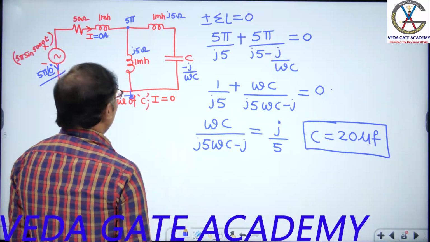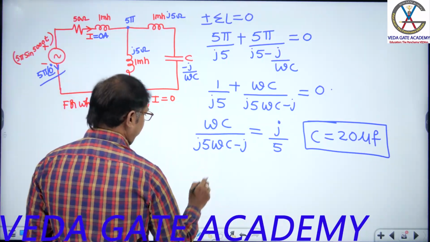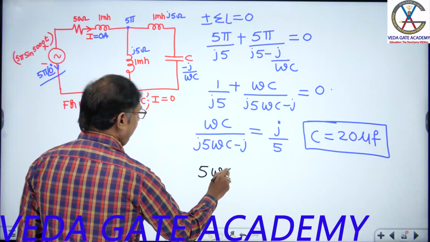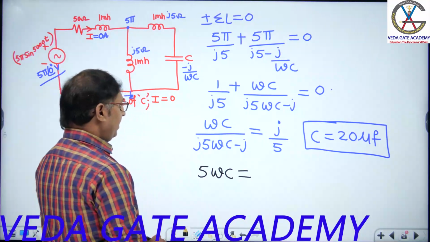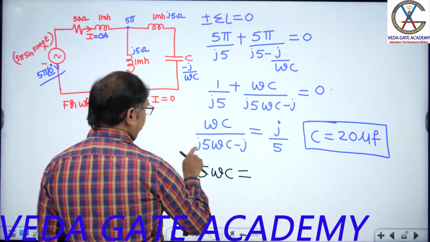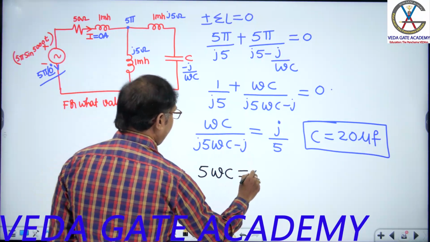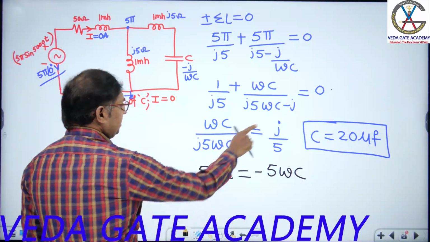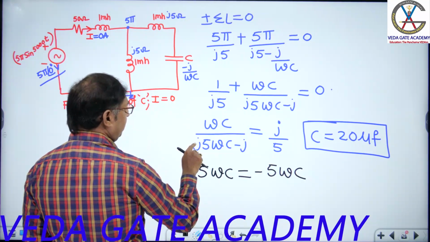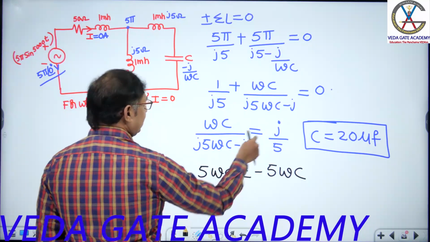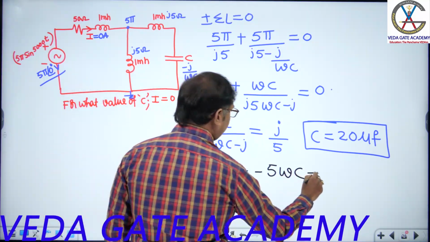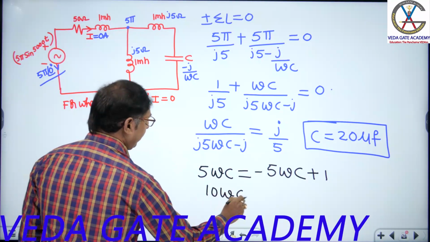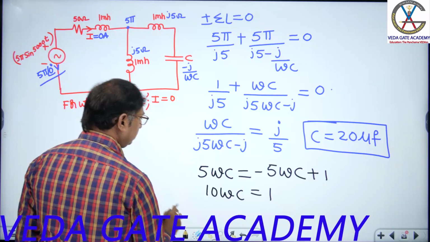Okay, 5 omega C. Let me do this. Whatever best I can do for you, I will do it. 5 omega C equals to j square minus 1 minus 5 omega C. Minus 5 omega C. I repeat, sir. J square minus 1 minus 5 omega C. Yes. Minus j square means plus 1. 10 omega C equals to 1.